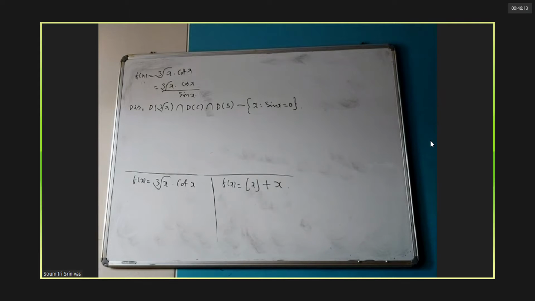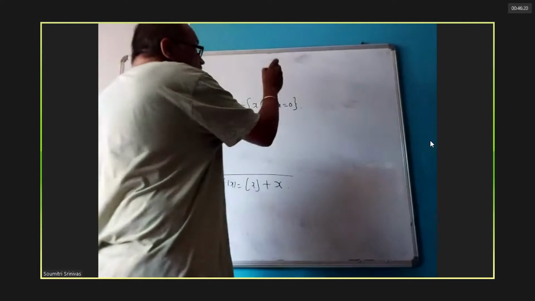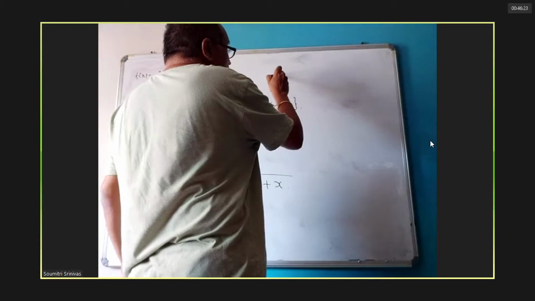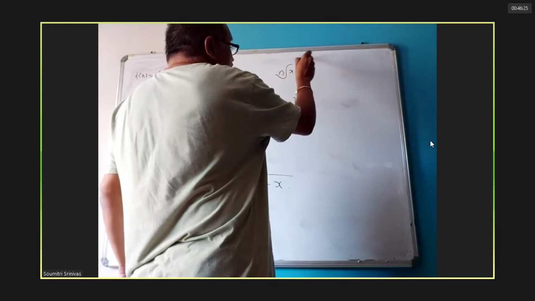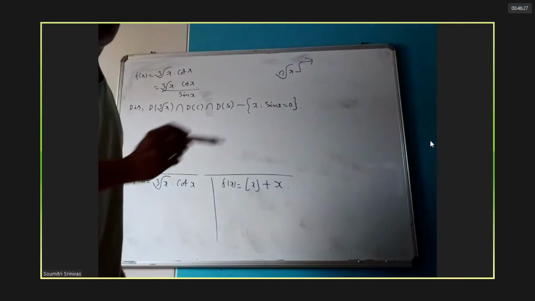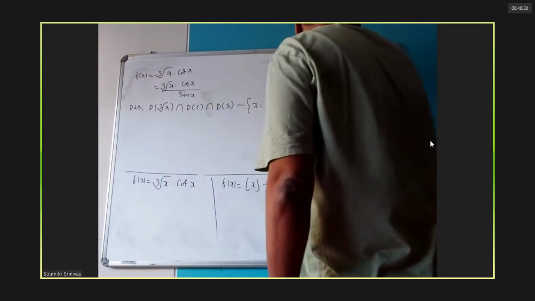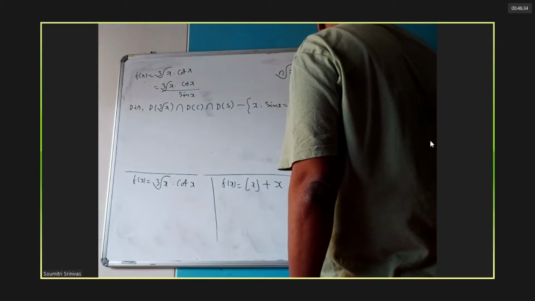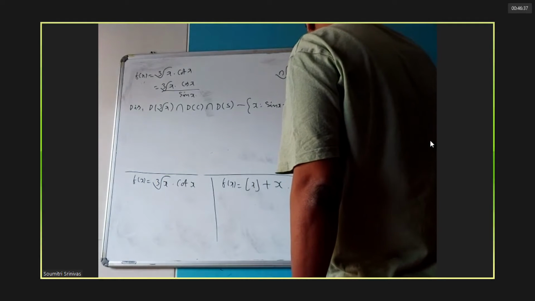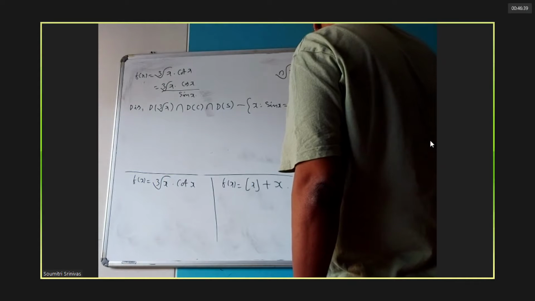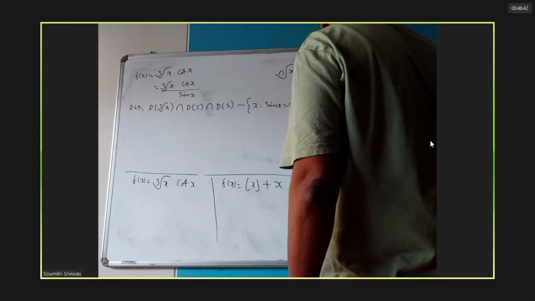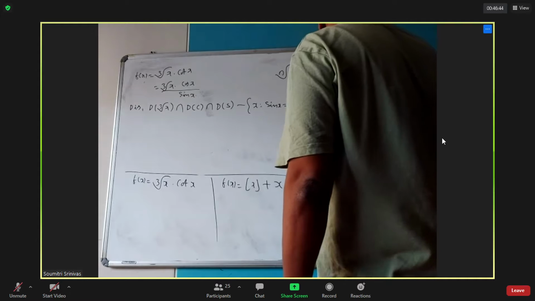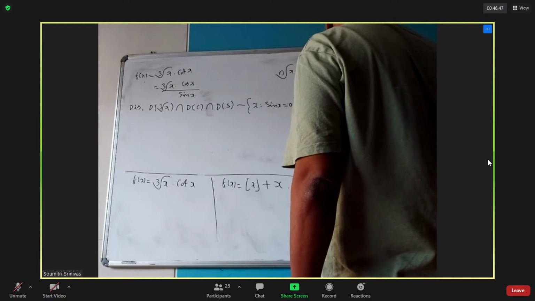Cube root of x. Remember, even powers. Nth root of x. What's the domain? All real numbers, n is odd. Positive reals, including 0, if n is even.